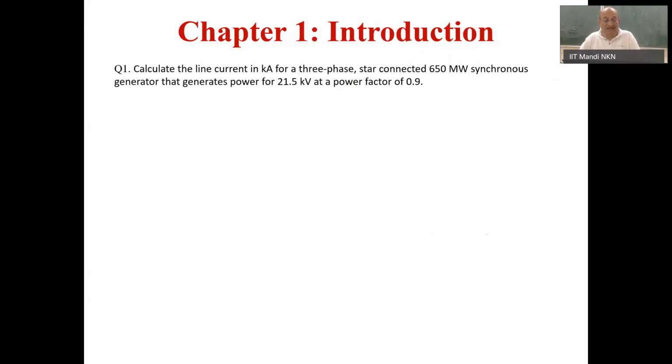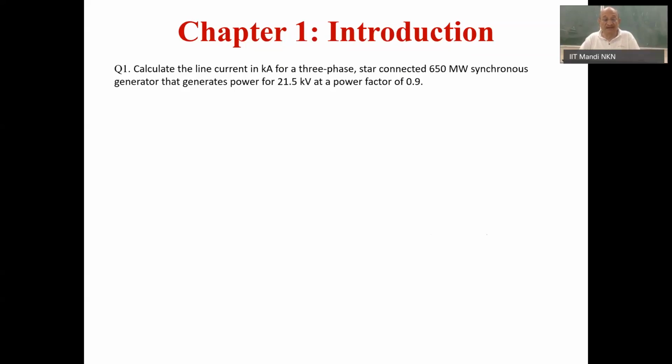We are asking you to calculate the line current for 650 megawatt. That means power factor has to be taken into account. Volt-amperes multiplied by the power factor, which is given 0.9, equals 650.